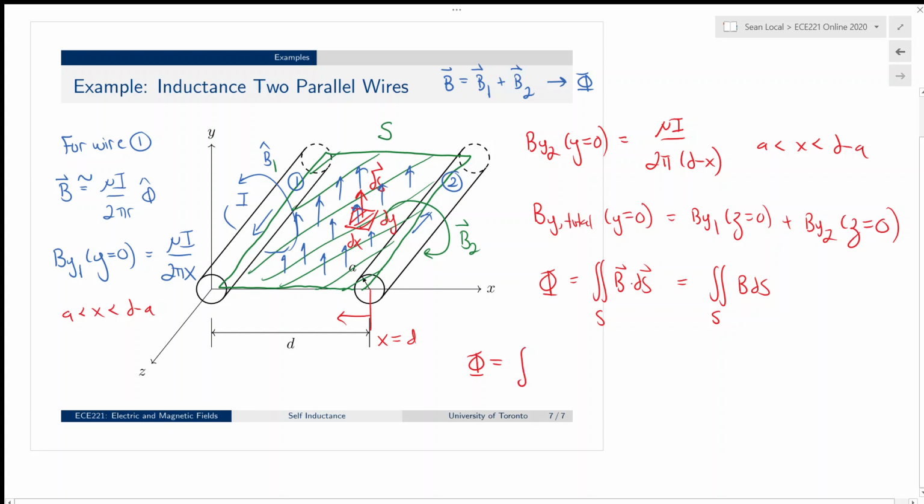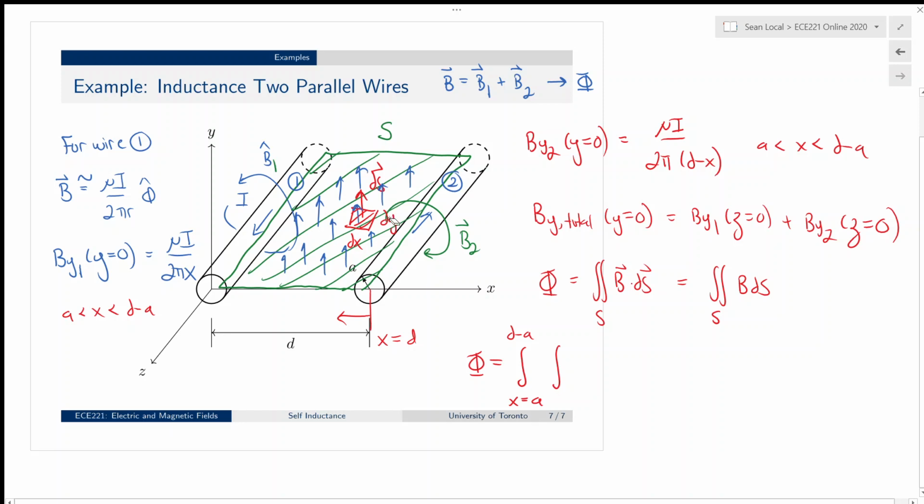So the integration ds is dx dz, so we need to integrate over x. We're going to begin from the inner conductor, which is at x equals a, the conductor on the left, and we will end at d minus a, again because we only care about the flux between the two conductors. Meanwhile, the other direction is dz.